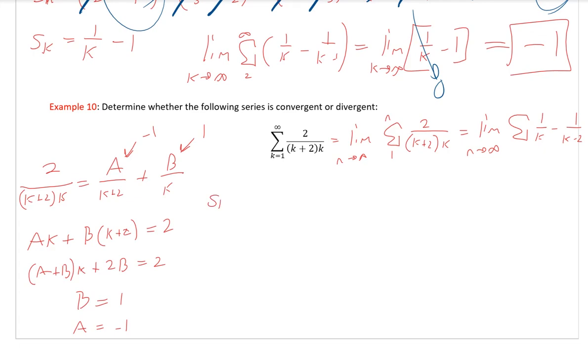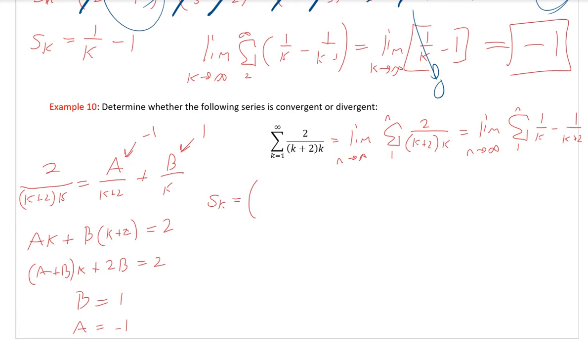Now, if I look at a partial sum of this, if I start with 1, wait, am I supposed to be starting with 1? Hold on. Yeah, because that's k plus 2, okay. So I start with 1 to n, or 1 to infinity.